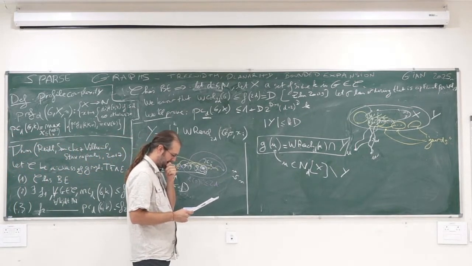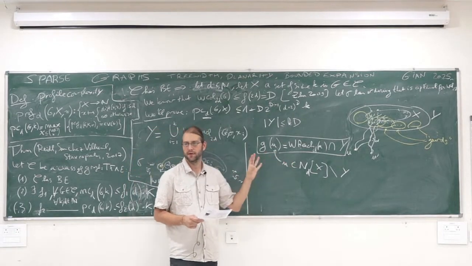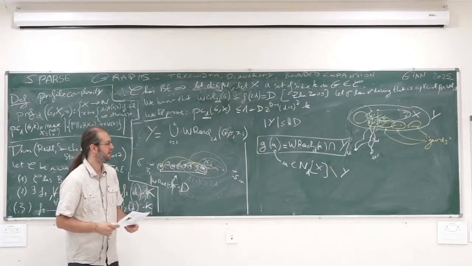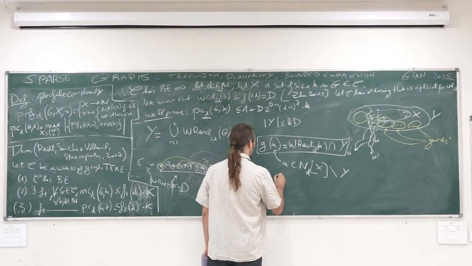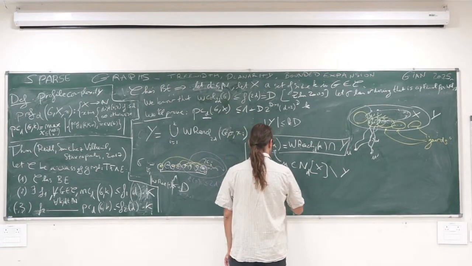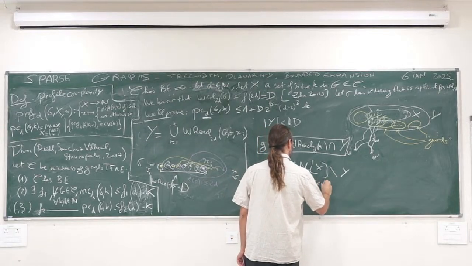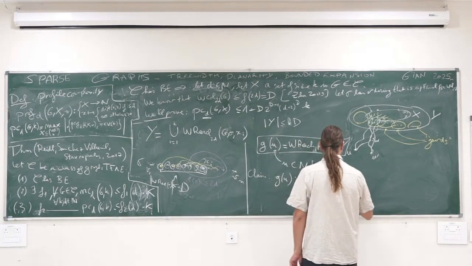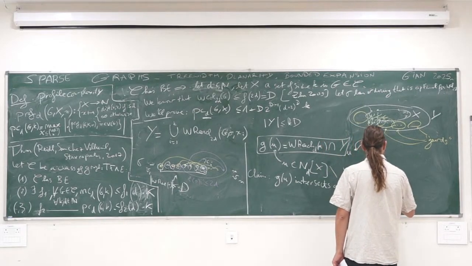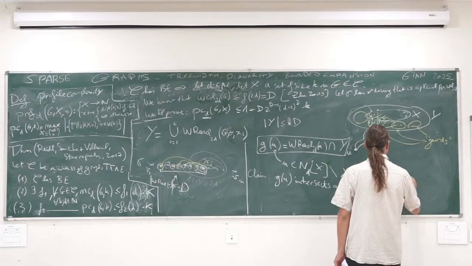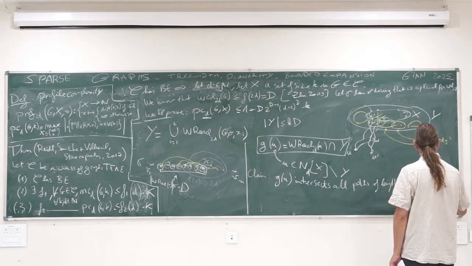Alright. And now the important claim is that this is actually a guard. I didn't show you, right? So what does it mean to be a guard? Claim: G of U intersects all paths of length at most d from U to x.